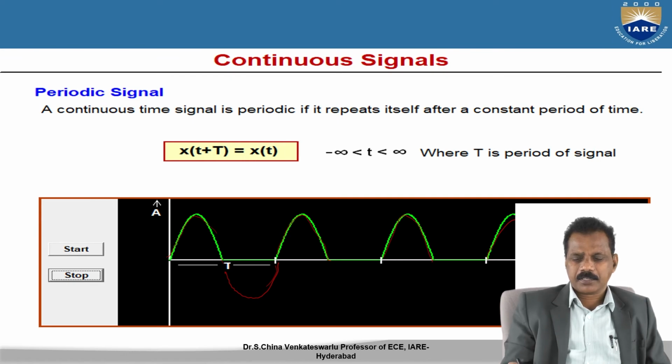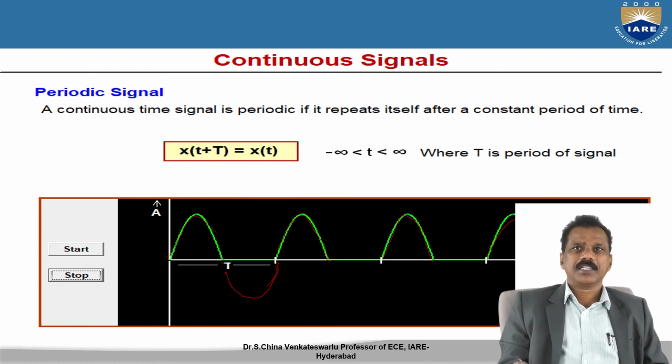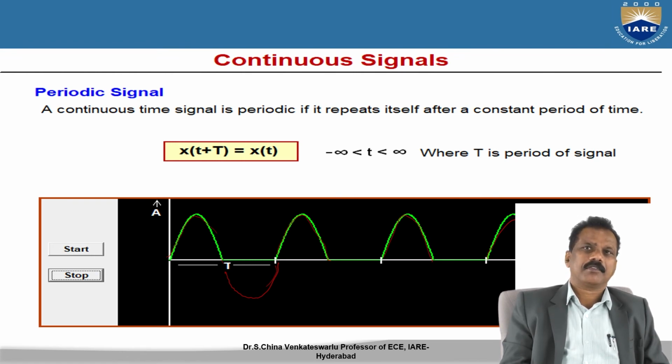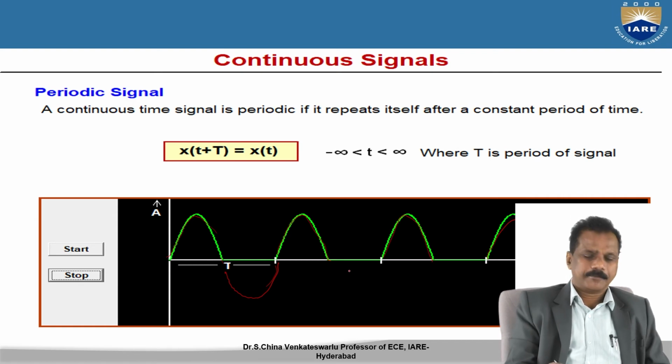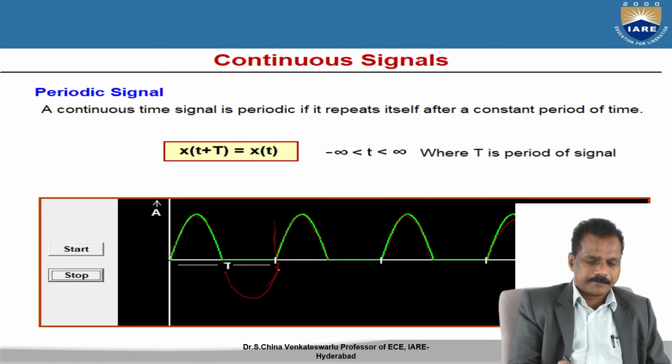What about the negative half cycle? The negative half cycle has not appeared. So a continuous time signal is periodic if it repeats itself after a constant period of time, minus infinity less than t less than infinity, where T is the period of the signal.